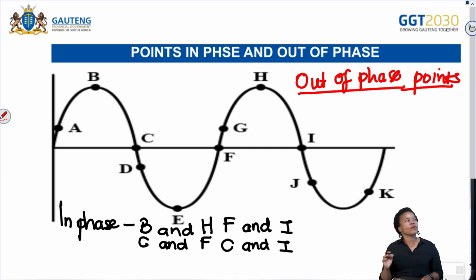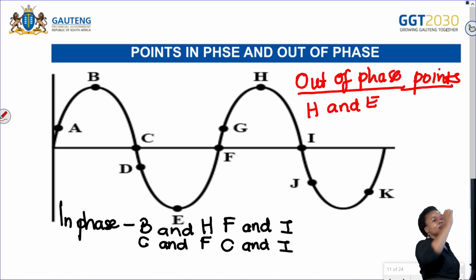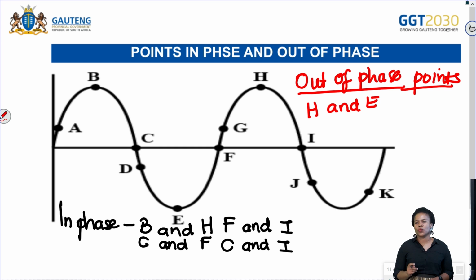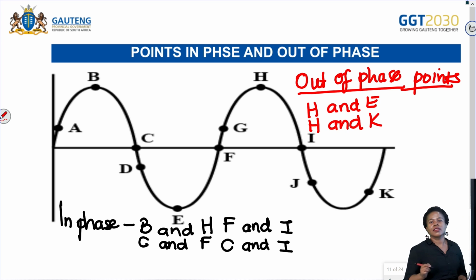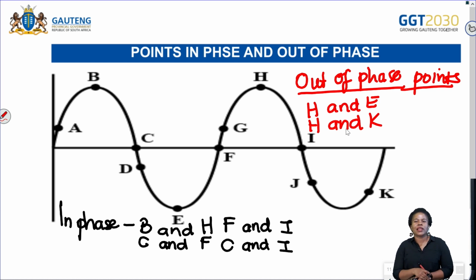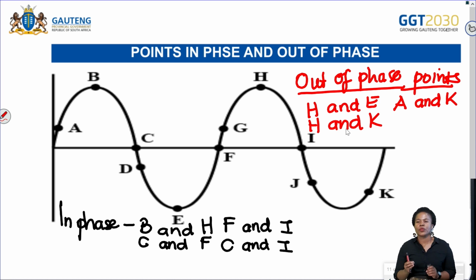So we said the obvious one will be H and E. The next one that we're going to be looking at is H and K. The next one will be your likes of A and K. All of those points are not in the same state of vibration with one another. So we consider them to be out of phase.